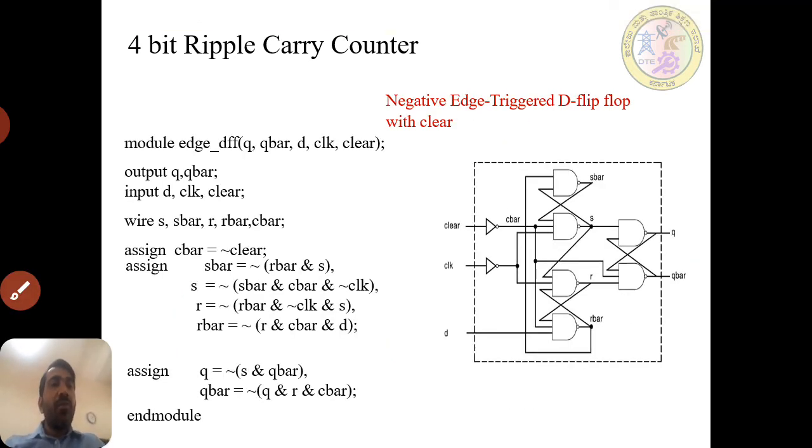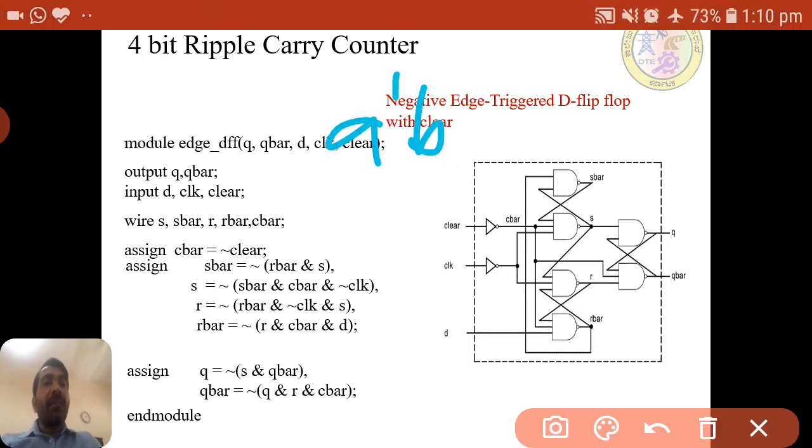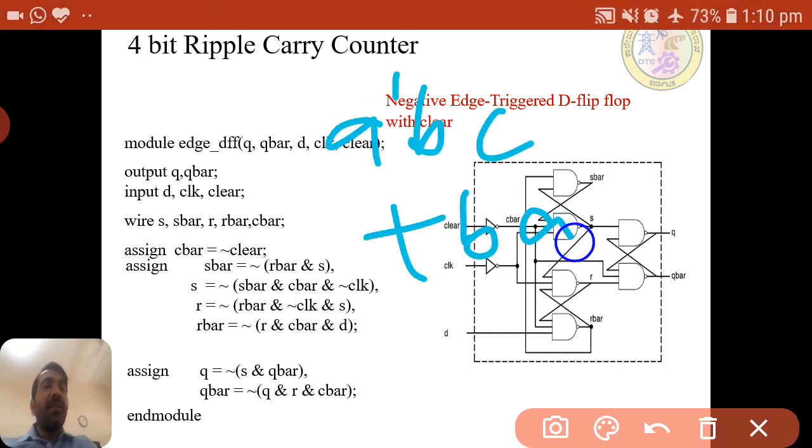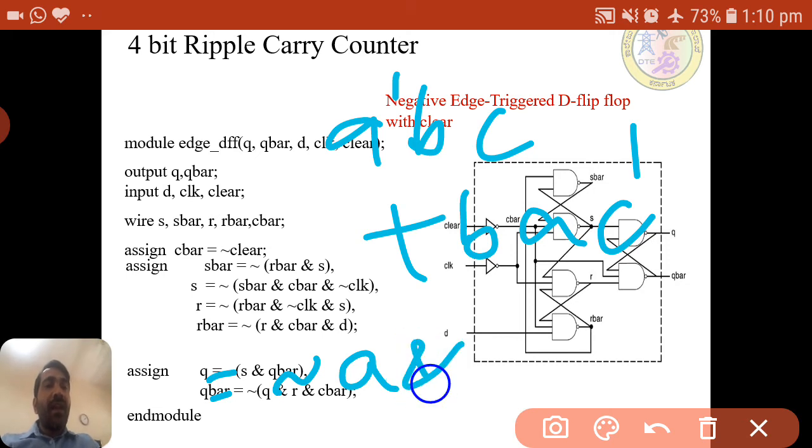So now how do we write the code for this? As we know, we have the circuit. Usually we have seen that in data flow modeling we can write Boolean equations. For example, if the expression is a bar b c plus b a c bar, in data flow what you can write is a bar as not of a, and b and c.